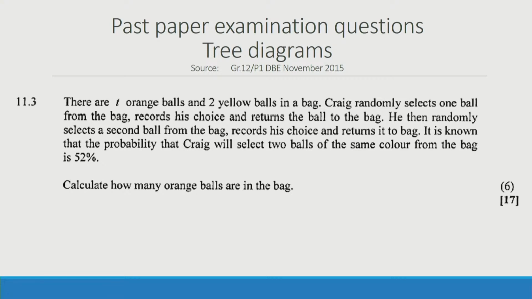He then randomly selects a second ball from the bag, records his choice and returns it to the bag. It is known that the probability that Craig will select 2 balls of the same color from the bag is 52%. Calculate how many orange balls are there in the bag, for 6 marks.